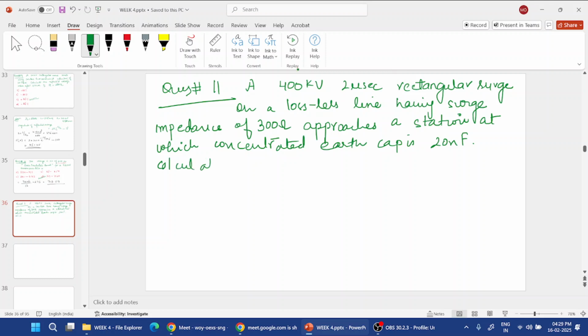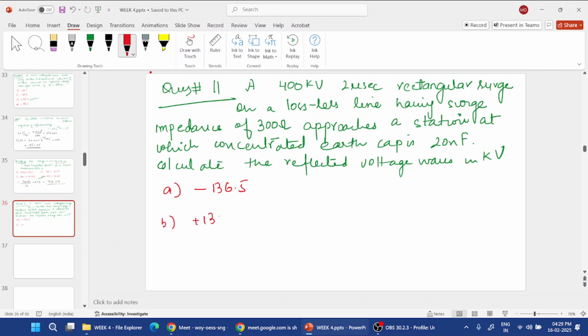Calculate the reflected voltage wave in kV. Option A is minus 136.5, option B plus 136.5, option C minus 173.2, option D plus 173.2.